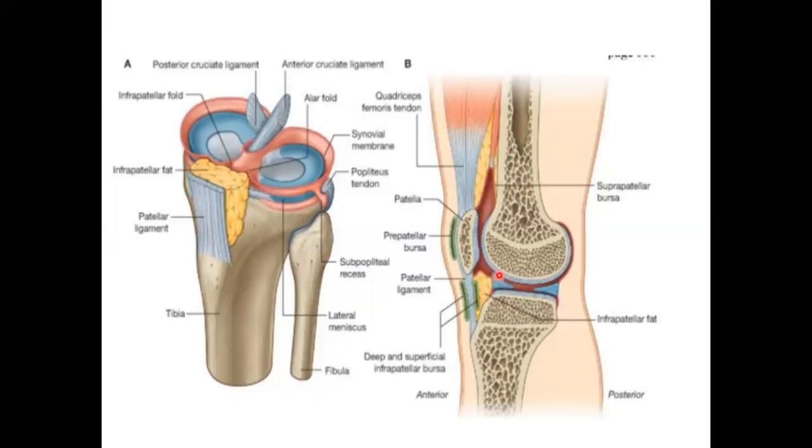And the third bursa, which was formed by outpouching of the synovium in the anterior deficiency of the capsule and is communicating with the joint cavity proper, is given in pink or reddish color. This is the suprapatellar bursa. Suprapatellar, as the name indicates, is present superior to the patellar bone, right? So we've got four anterior bursae: the suprapatellar bursa, prepatellar bursa, superficial infrapatellar, and the deep infrapatellar bursa.